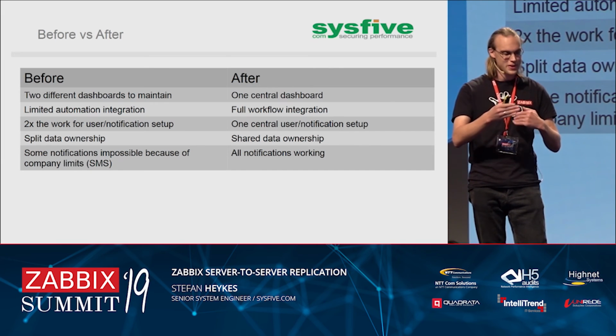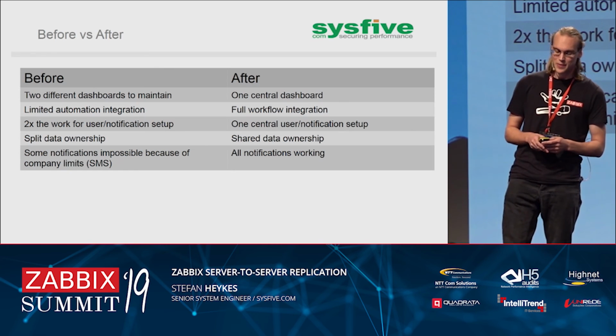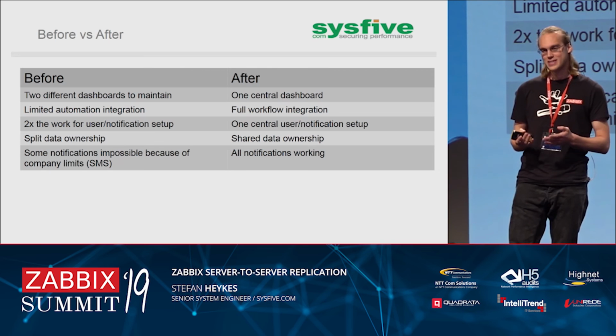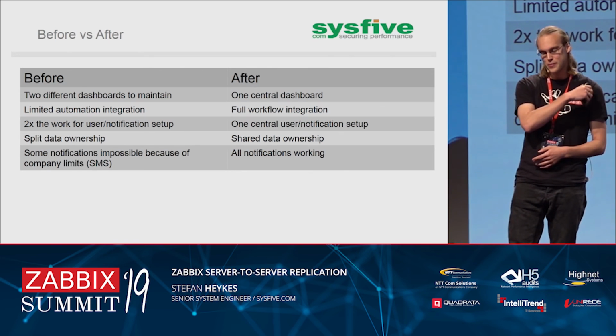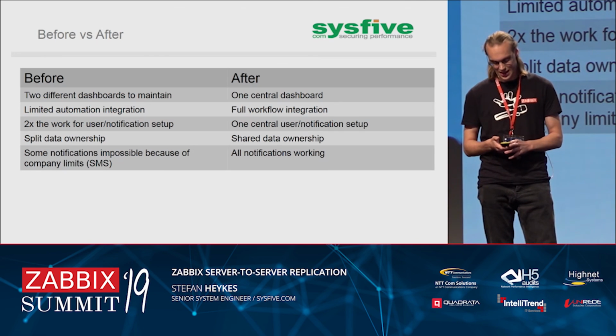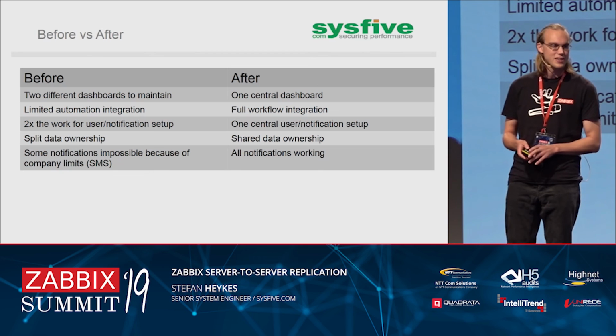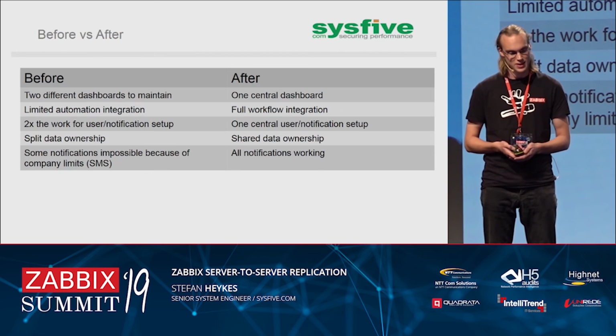So company limits define who is responsible for what is going on there. This is always a topic of discussion. Now with replication, it works like always, because all we need is in our Zabbix server. So it really makes life easier to have this kind of replication in place.